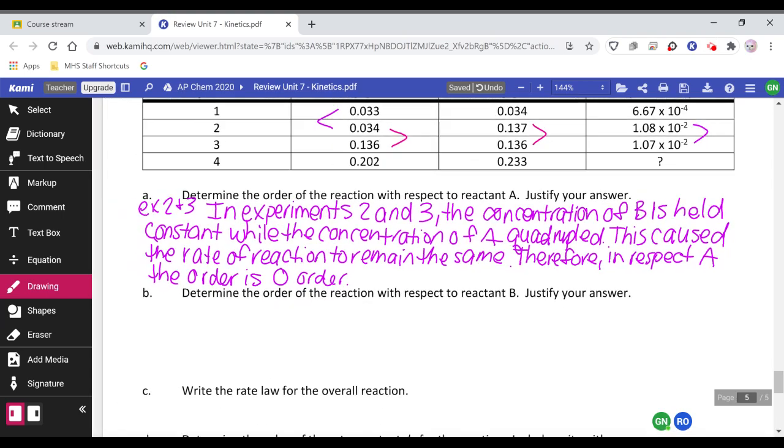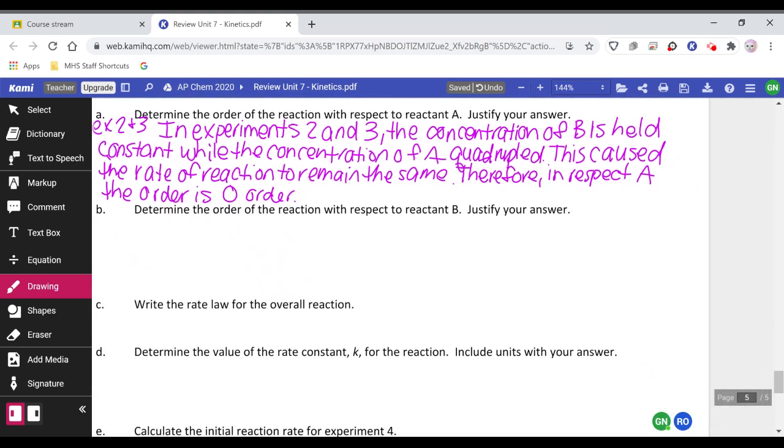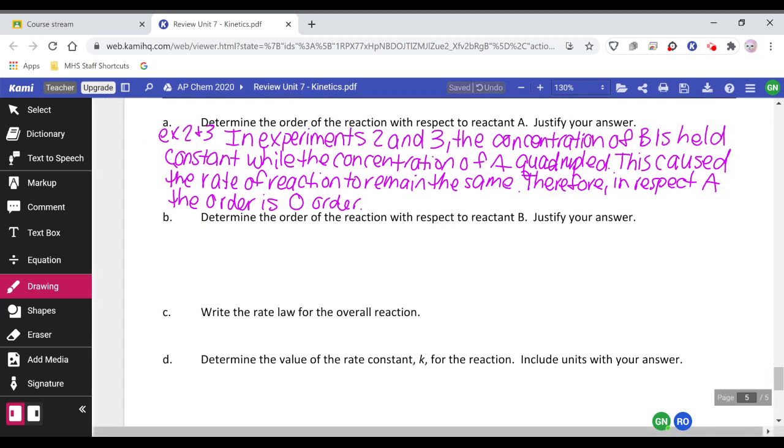So now we'll do the same thing with reactant B, and we decided experiments 1 and 2 for that.